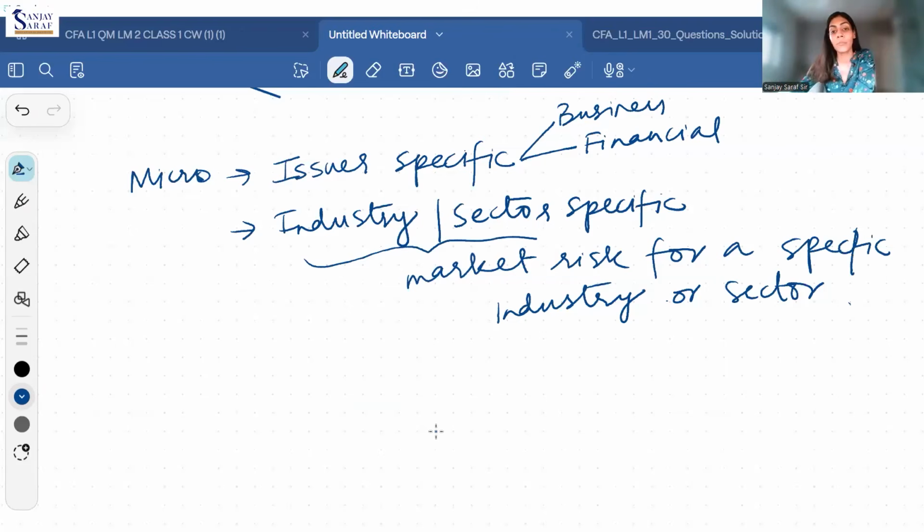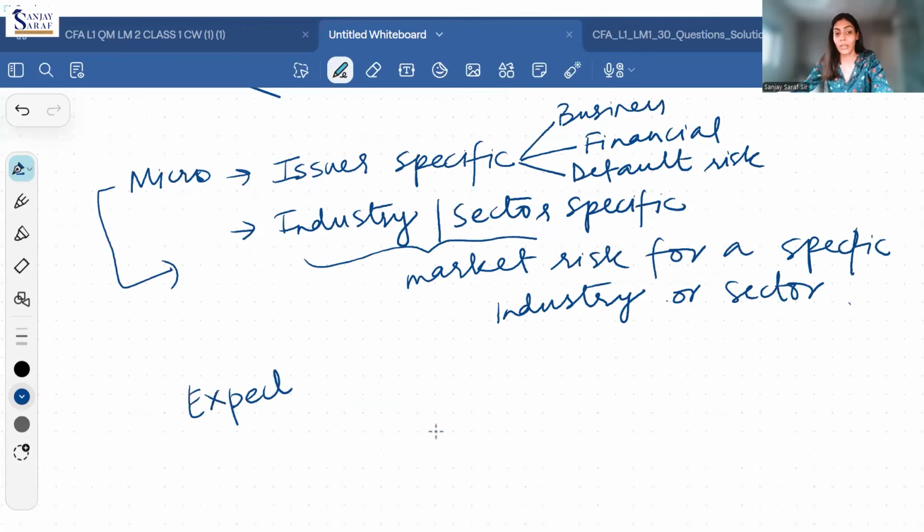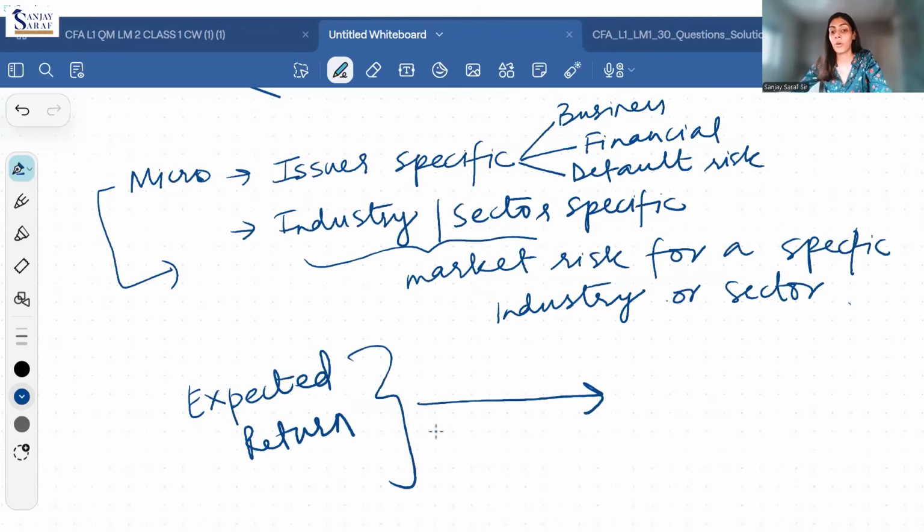Or it could come from default risk, which means the ability of that issuer to be able to pay his debt. तो इन सब फैक्टर्स की वजह से जो रिटर्न हमने अपने एसेट के बारे में सोचा है, दैट कैन बी डिफरेंट फ्रॉम जो रिटर्न हमको एक्चुअली मिल रहा है.